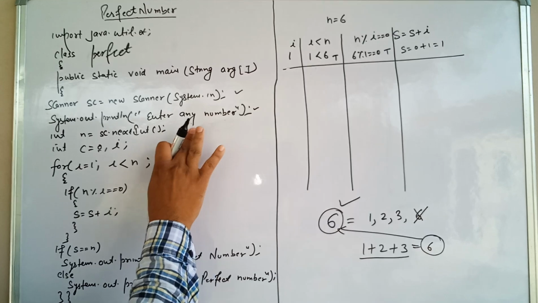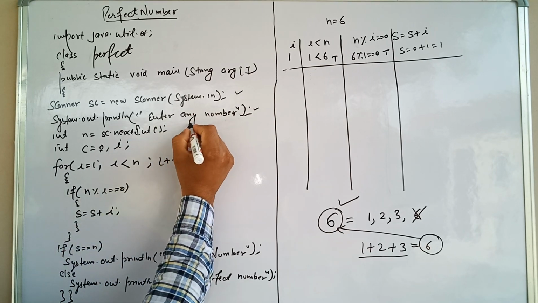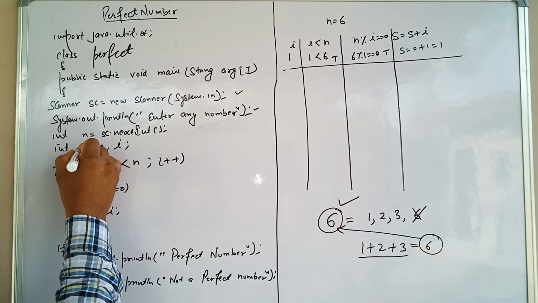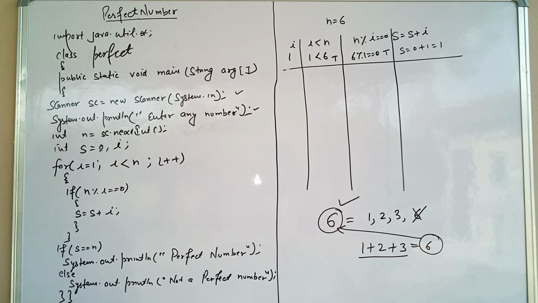Whatever number I want to check for perfect, I will store it in the n variable with the help of the user. These are the two variables I have declared: s equal to 0, s will store the sum of factors, and i is a loop variable.